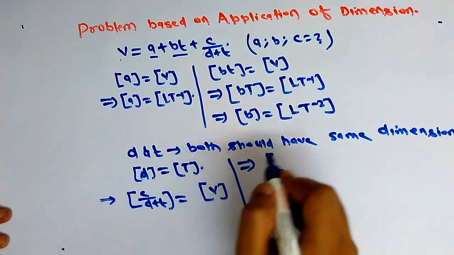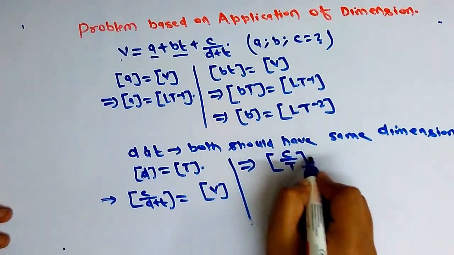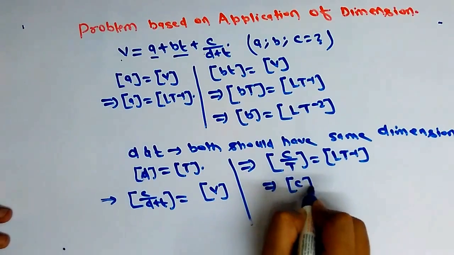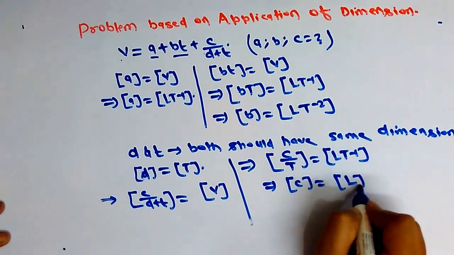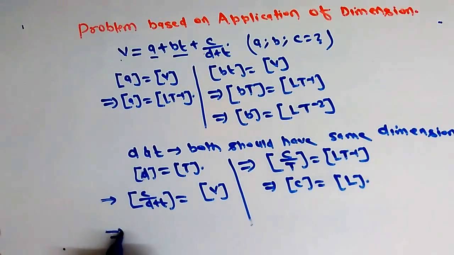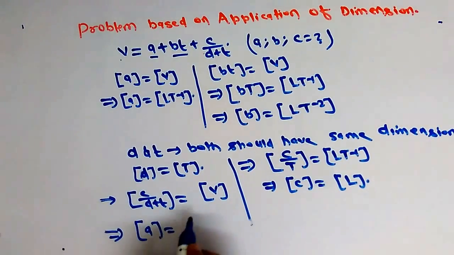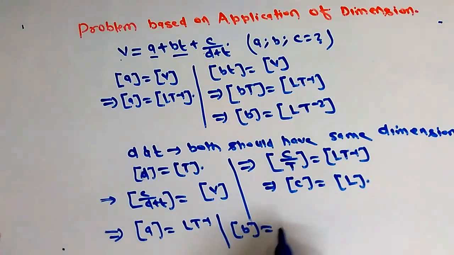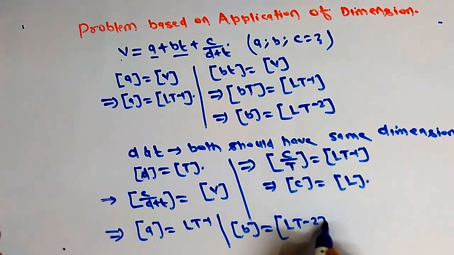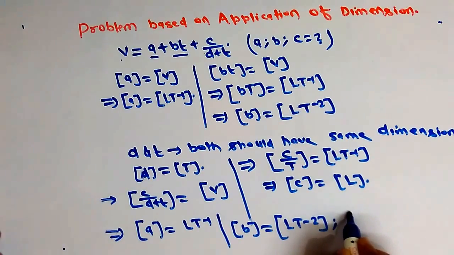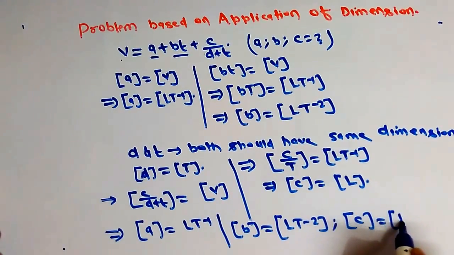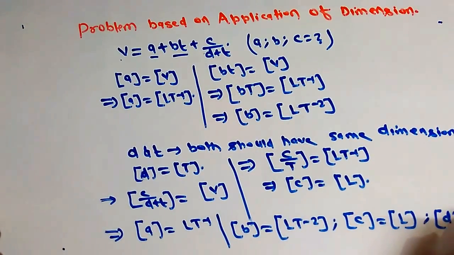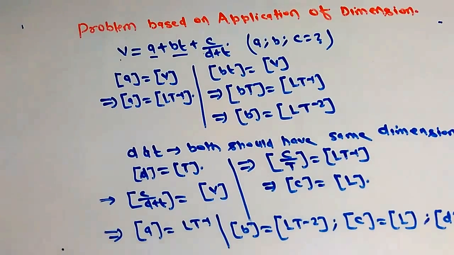So I can proceed like this. The dimension of c upon t is equal to L T minus 1, so the dimension of c is L. In this way we calculated: dimension of a is L T minus 1, dimension of b is L T minus 2, dimension of c is length, and dimension of d is that of time.